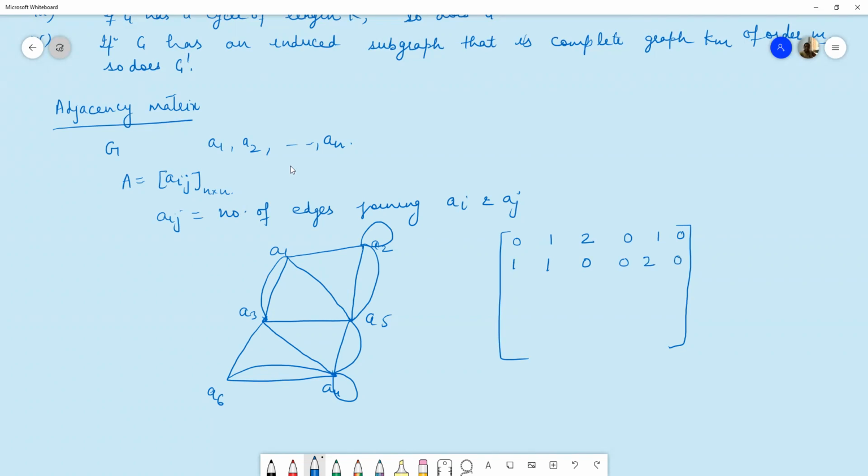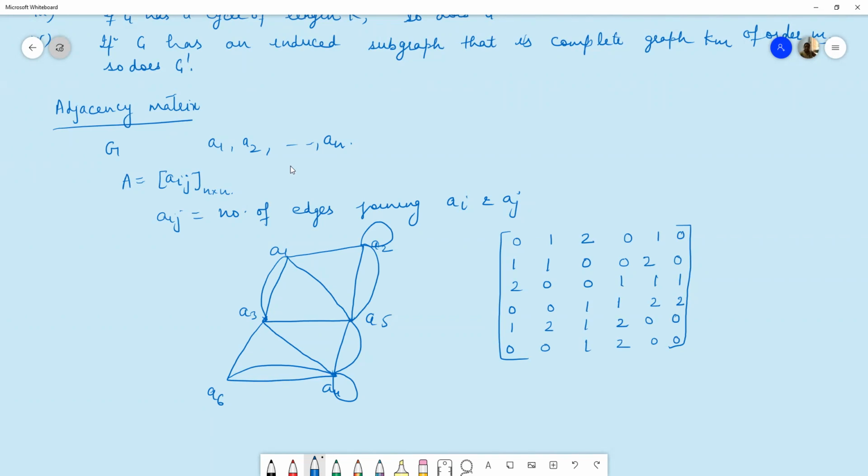And continuing this, we will get the matrix to be like this: 0, 0, 1, 1, 2, 2. Then 1, 2, 1, 2, 0, 0. Then it is 0, 0, 1, 2, 0, 0.